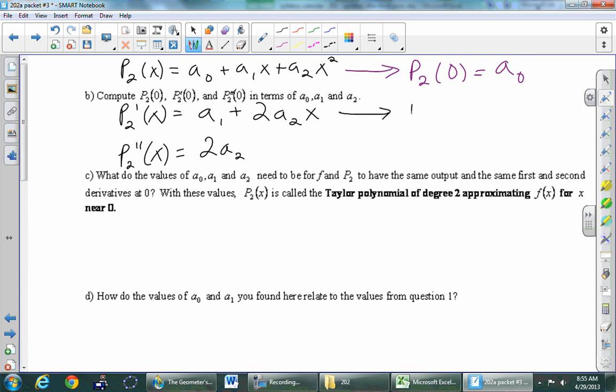This one here, p sub 2 prime of 0, is a sub 1. Any questions on that? And this is the funny one, p sub 2 double prime of 0. It's 2a sub 2. There's no x to plug anything in. So it's just 2a sub 2. It's always 2a sub 2. Question so far?